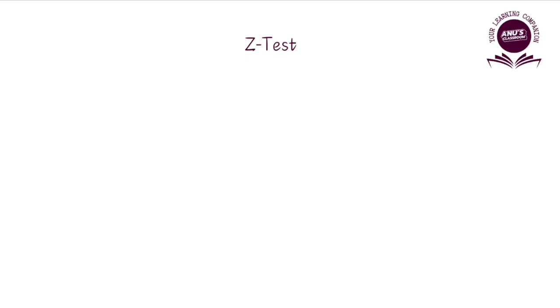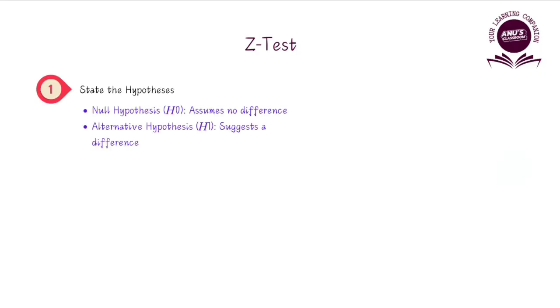The first step in testing a hypothesis, whether you are using a z-test, t-test, chi-square test, whatever it is, is the same. You have to state the hypothesis. You have to write down what your null hypothesis is and what your alternate hypothesis is. Usually, the null hypothesis assumes there is absolutely no difference, like there is no relationship between speed and time traveled.